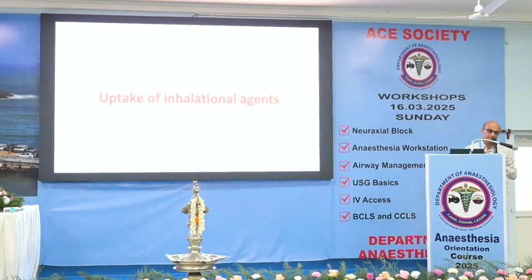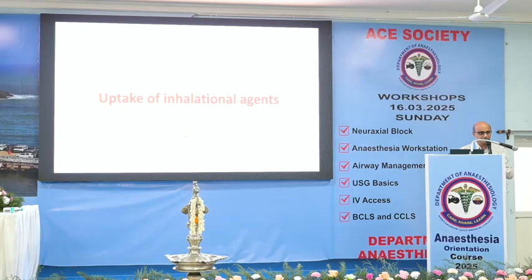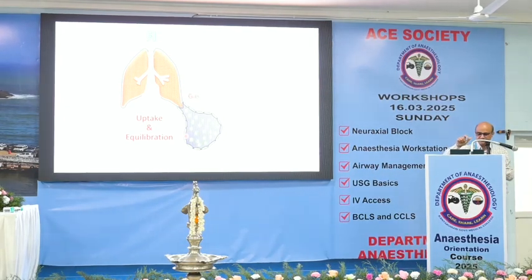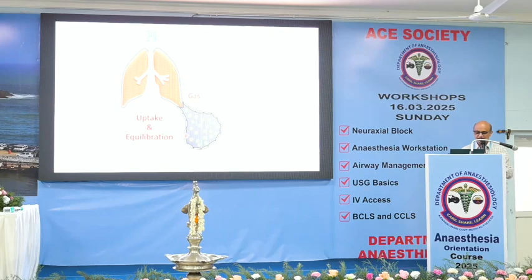How is it uptaken? Now we come to the real topic. If you understand this background, then it will be easy for you to grasp what I'm going to tell you now. The uptake and equilibration is important. So first thing is, you will switch on the dial of a vaporizer. The vapors will be carried to the lungs with the help of alveolar ventilation. These vapors reach the alveoli.